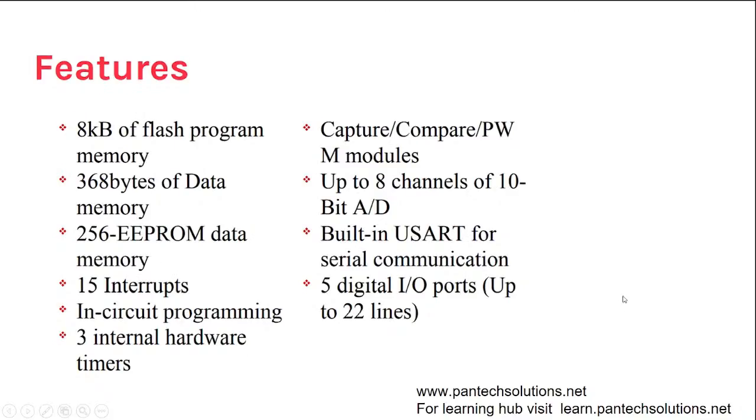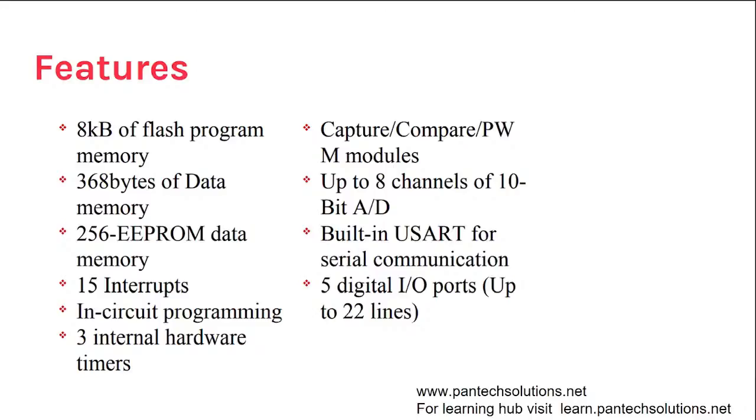Coming to the features of PIC, it has 8 KB of flash program memory, 368 bytes of data memory, and 256 bytes of EEPROM data memory, and it supports 15 interrupt sources. It has in-circuit serial programming and 3 internal hardware timers.